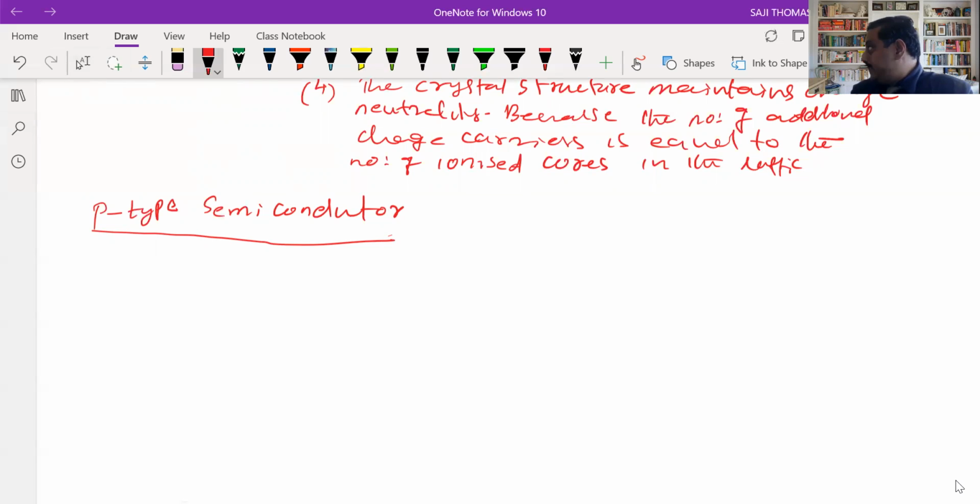Examples of trivalent impurity are boron, aluminum and bismuth. This is the trivalent impurity, where valency is 3. So the trivalent impurity makes covalent bonds with 3 silicon atoms.